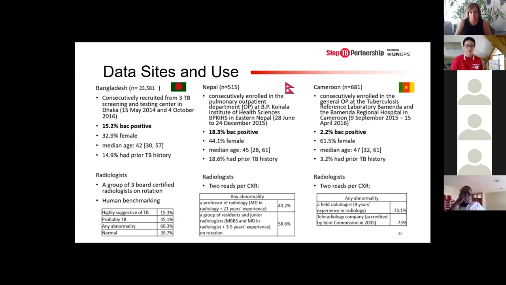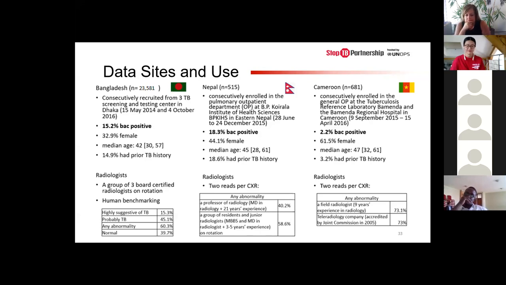All of these use cases, I think important to mention, are more on the triage side. So these are people who are generally symptomatic and coming in, they get the chest x-ray and the question is a triage. These are not generally active case finding approaches. In Bangladesh, there was one human read per image. In Nepal and Cameroon, there were 2 human reads per image.